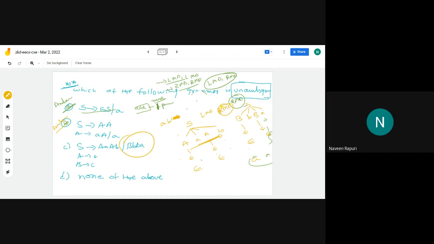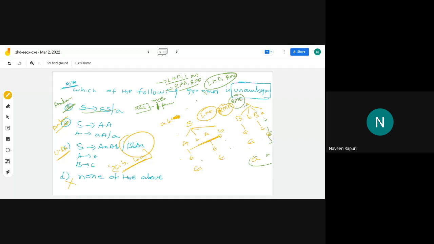Other than this, there is no other way to represent this, because here the language is AB and BA. That's why this is unambiguous grammar. So here we got the answer. None of the above is wrong, sir. So finally the unambiguous grammar is C, sir.